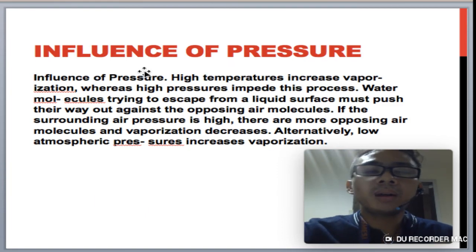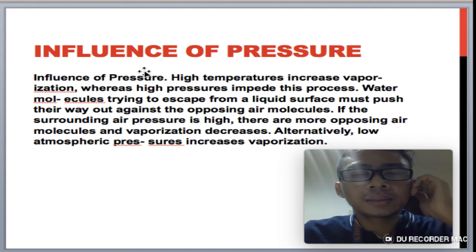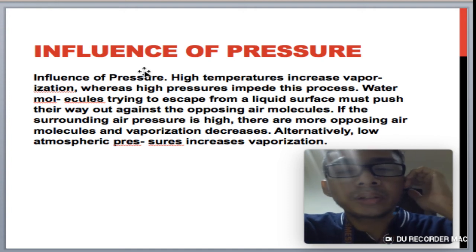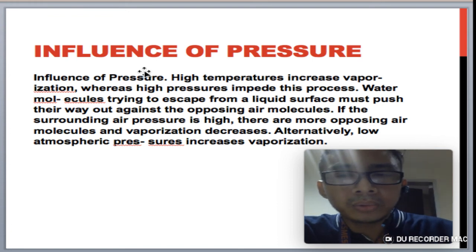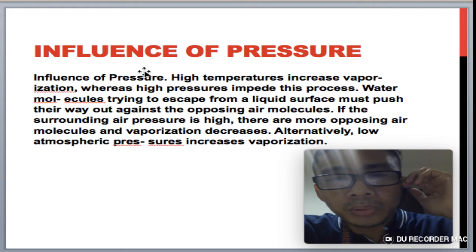So the influence of pressure. High temperatures increase vaporization, whereas high pressure impedes this process. Water molecules trying to escape from the liquid surface must push their way out against the opposing air molecules.